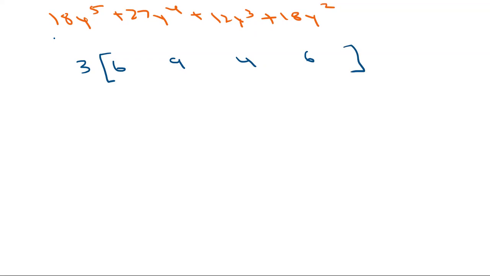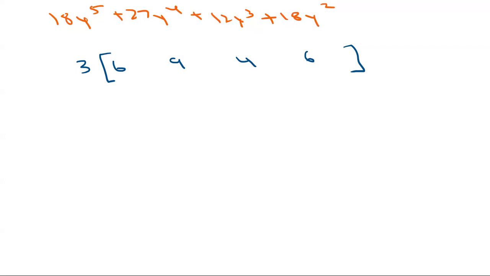Now, what about the variable? What's the greatest common factor with all the four terms? What's the highest I can pull out for the y's? Y squared, good.